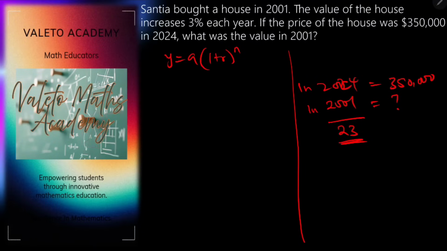And now we have that a, where a is equal to what? We do not know the value of a, the initial amount. Don't get this mixed up. A is a value that comes before the new value. A is always the older value.